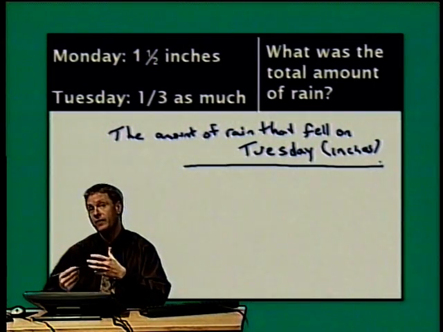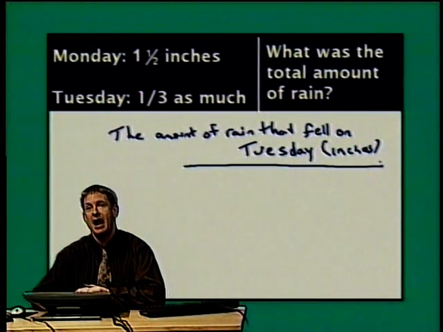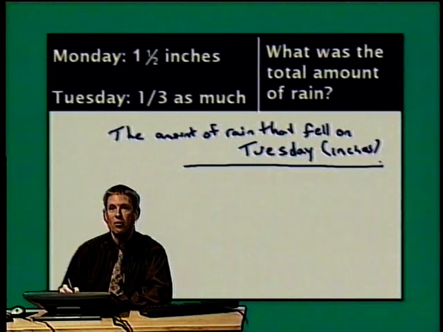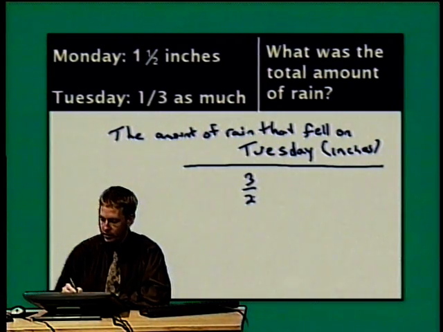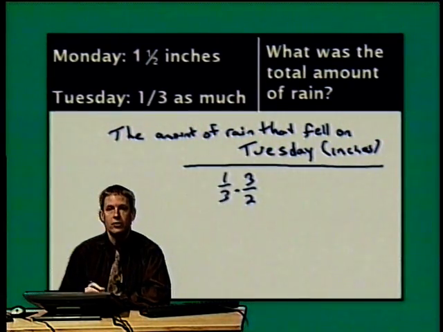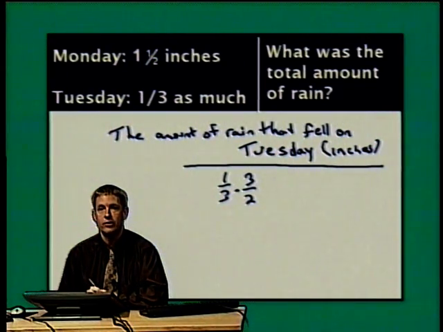So in order to figure out what's 1/3 as much as 1.5, I need to multiply 1.5 by 1/3. But it's kind of tricky to multiply a mixed number by a fraction. So before I perform this multiplication, I'm going to rewrite my mixed number, 1.5, as the improper fraction 3/2. 1/3 as much of 3/2 is the same as 1/3 times 3/2.